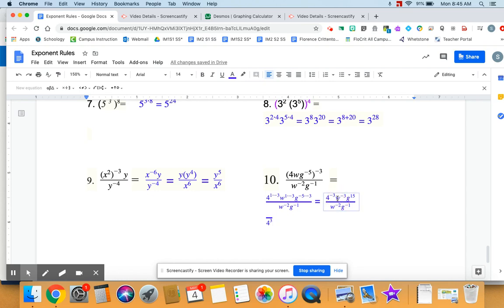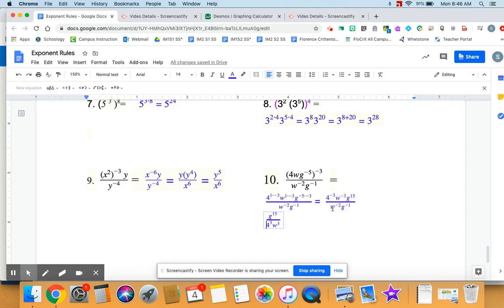Up on top in the numerator, I still have W to the negative 3. It's not happy up there. It wants to go to the bottom, so I'm going to move it down here to the denominator. And W is going to become positive 3 now, because it's happy on bottom. Next in the numerator, I have G to the power of 15, and it's positive, so it's very happy where it's at on top. I'm going to leave it on top.